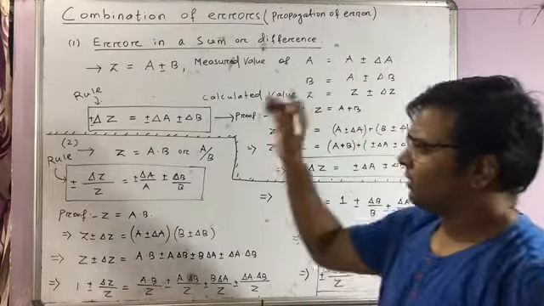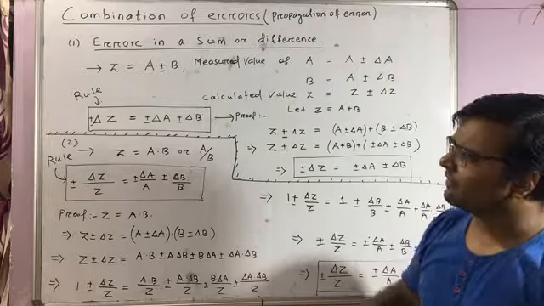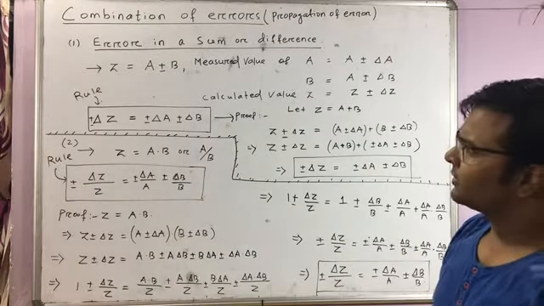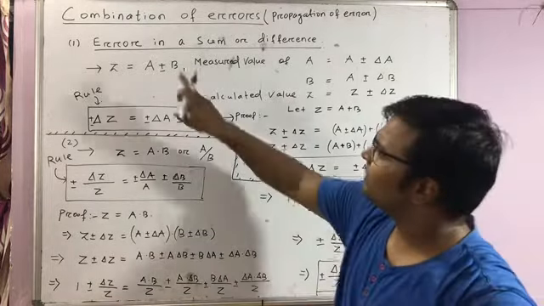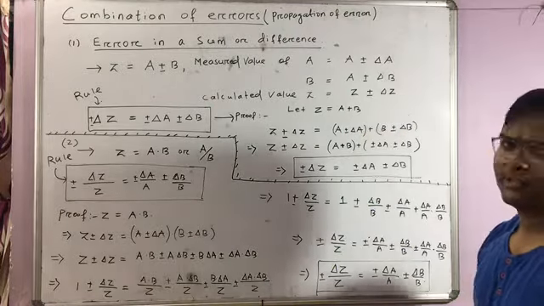Basically, we will see there are three varieties of combination of errors. And the first type is error in a sum or a difference.